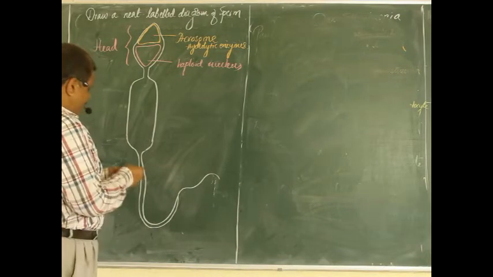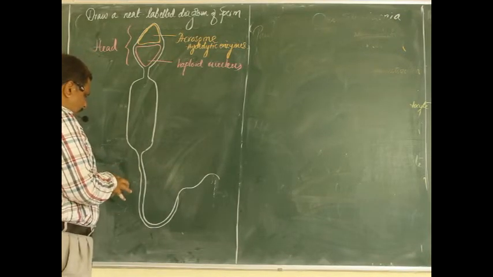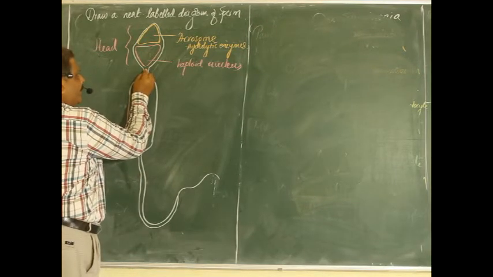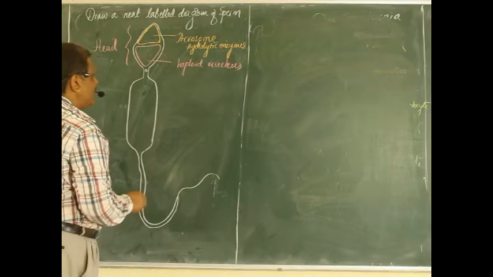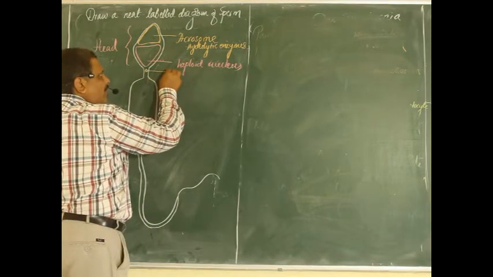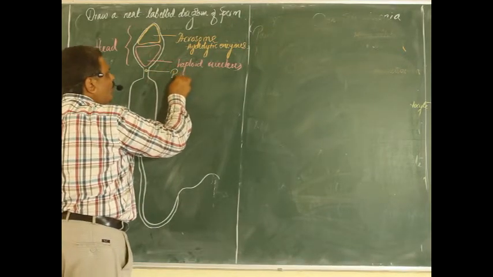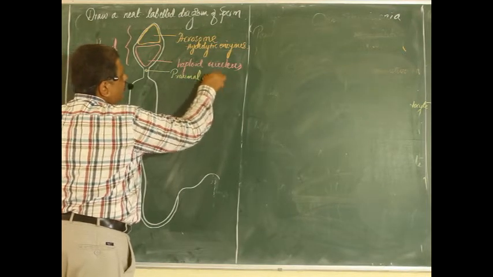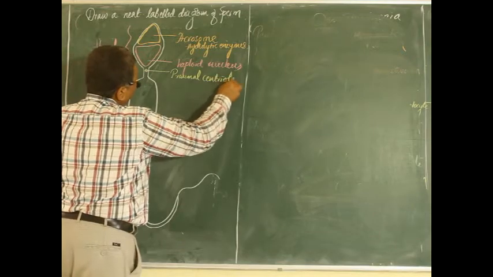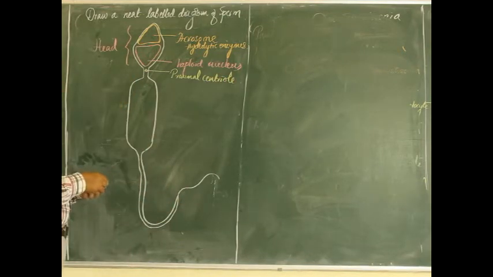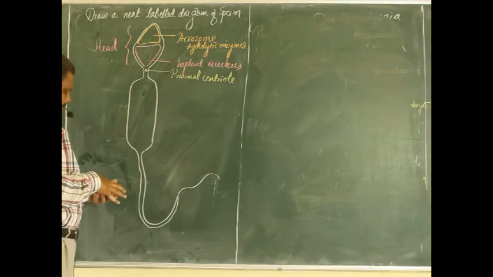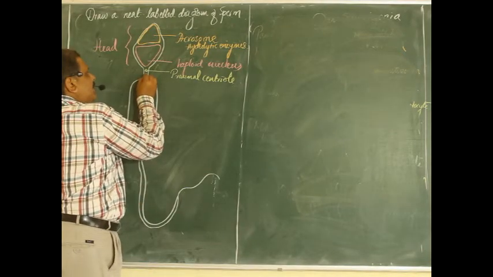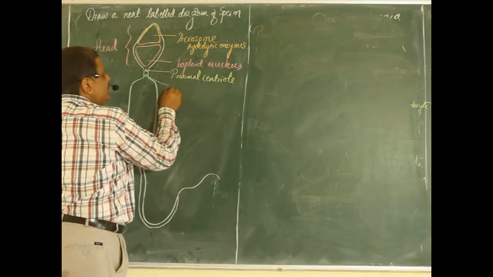In the neck portion, there are two centrioles. That is not there in your NCERT, but it is important for your competitive exams. Proximal centriole, which is towards the head, and there is another centriole which is called distal centriole.